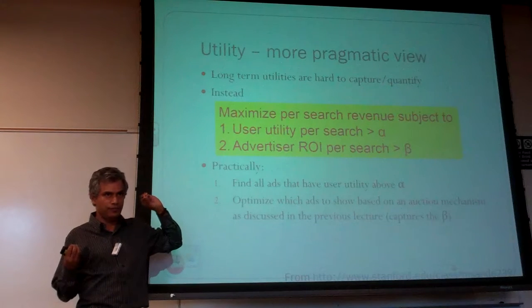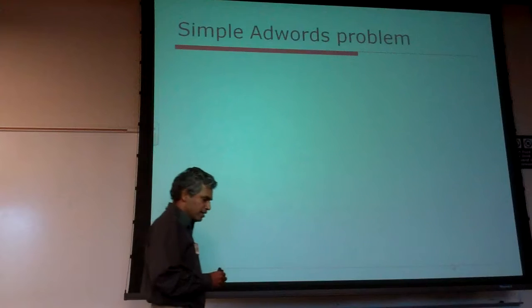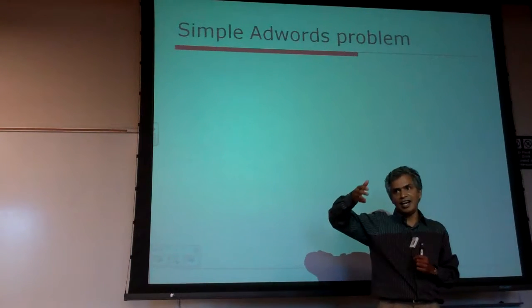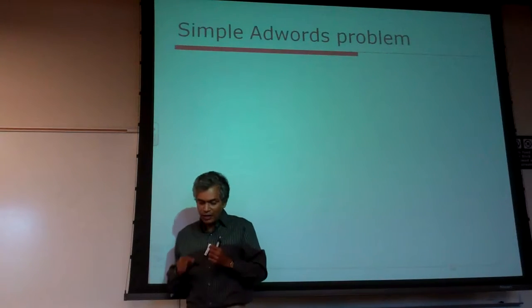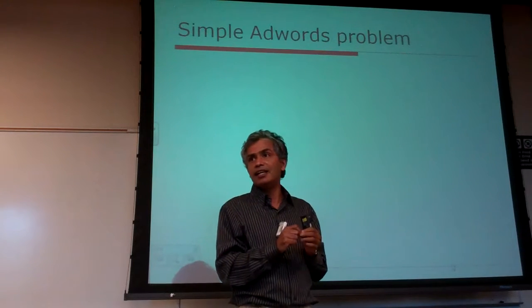So what I'm going to do next is start from the simplest case and start adding complexities, start adding twists. By the end, there will be enough twists and you might very well know how to handle each one of the complications independently. That's the hope.